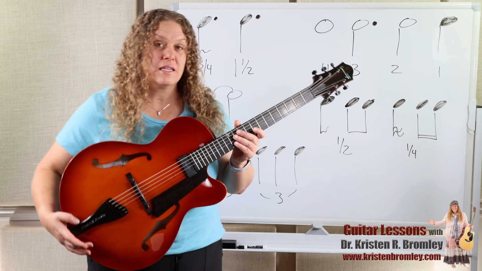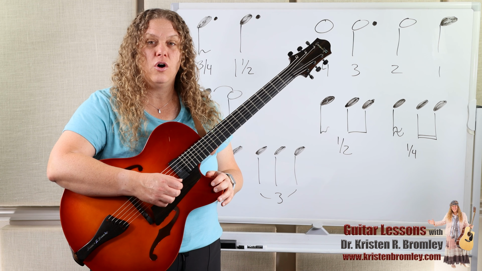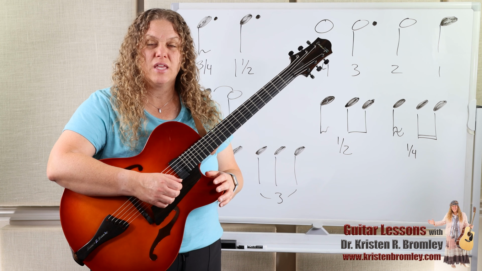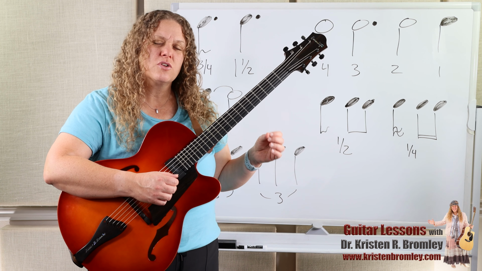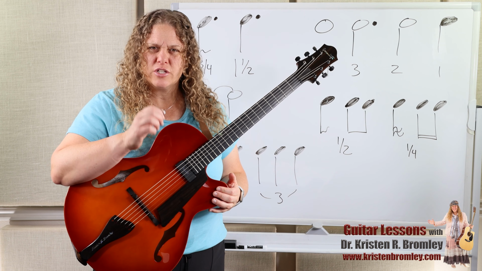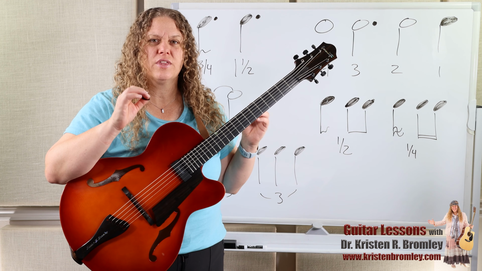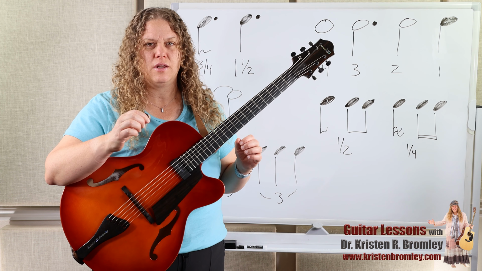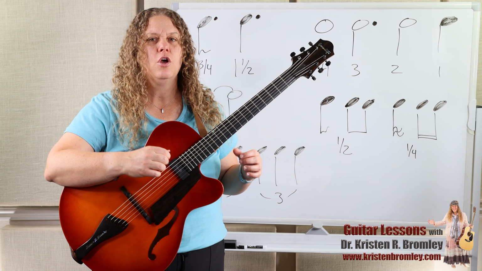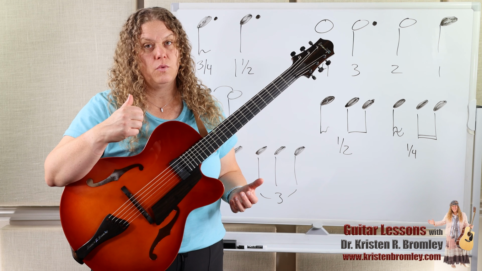A couple things with technique in the right hand. You can play these with an all down pluck. Everything can be played with a down pluck. But as we start to get eighth notes and 16th notes, triplets, this sort of thing, it can help to actually alternate that plucking. If you've just been using down plucks or you've just been using your thumb, you won't be able to do up plucks very well.